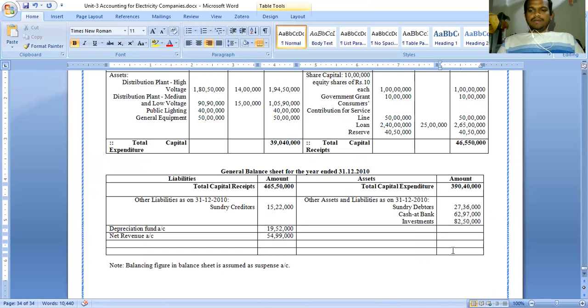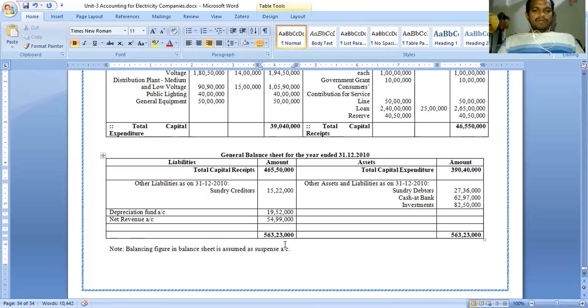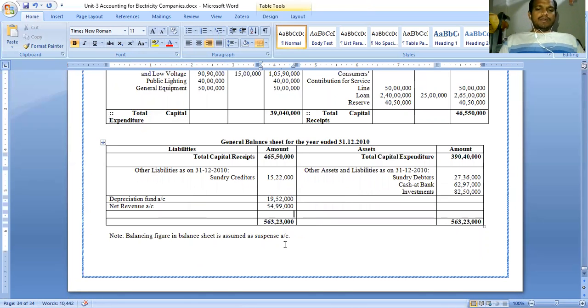Okay, let us tally the balance sheet. See, we have a balancing figure in the balance sheet because it is the difference amount in the trial balance.